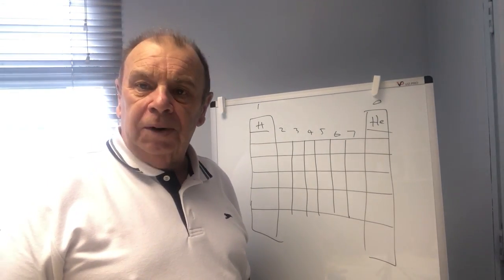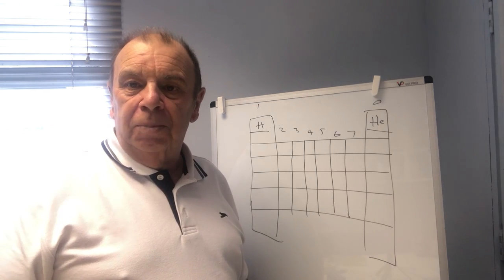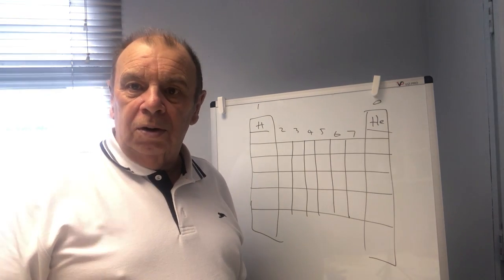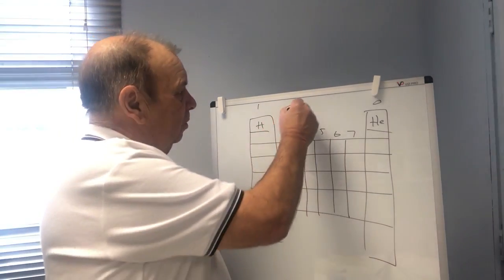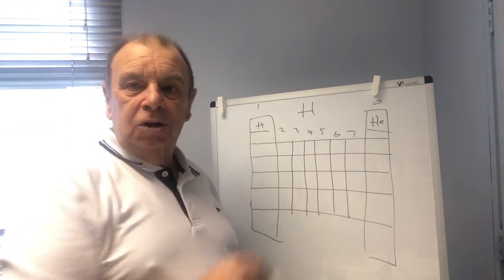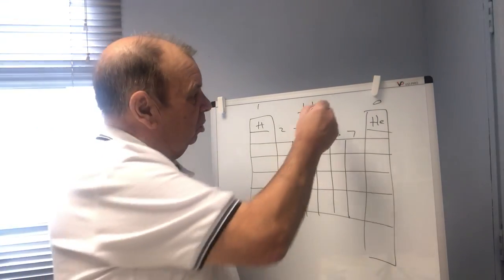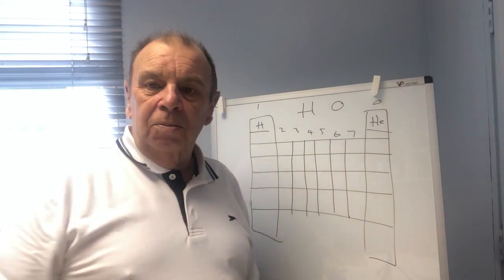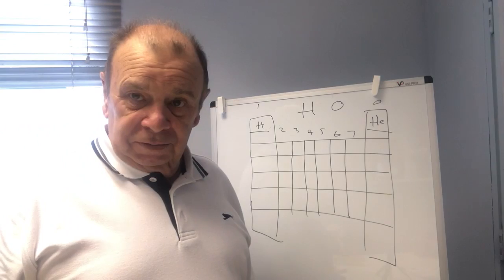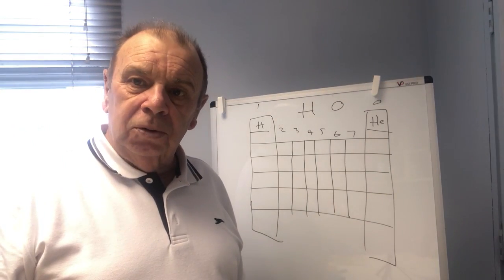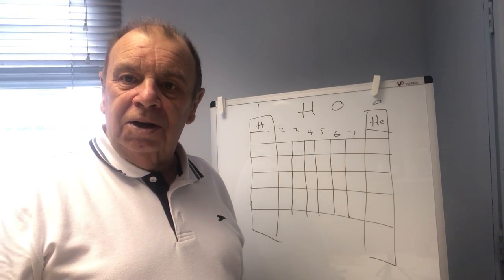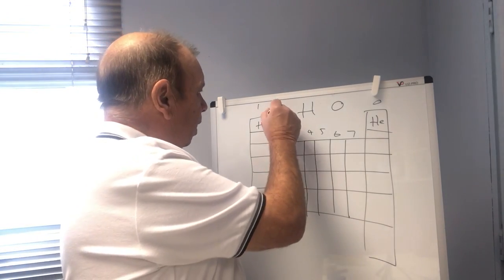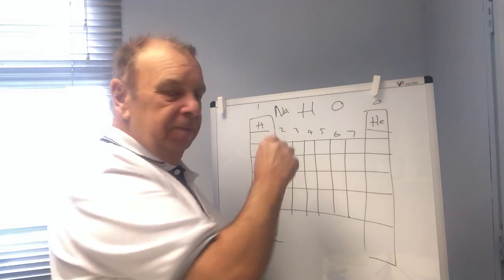Elements are represented by symbols, generally just one letter, such as hydrogen, symbol H, oxygen, symbol O, etc. But then you get some that have 2 letters, a big letter and a small letter, like sodium, Na.